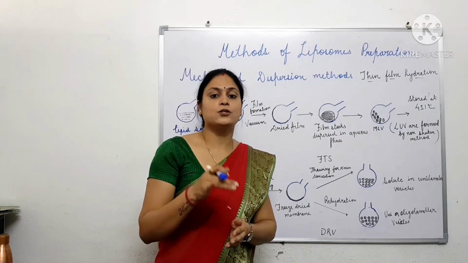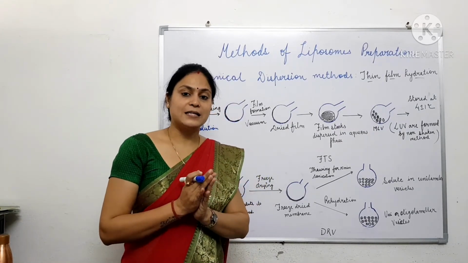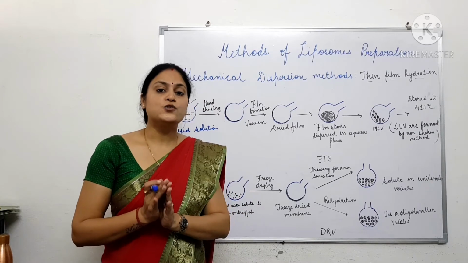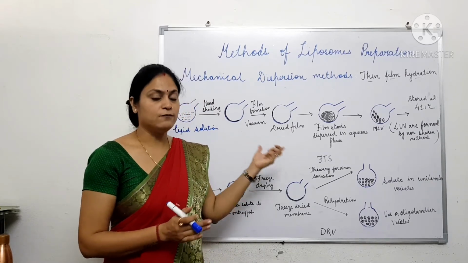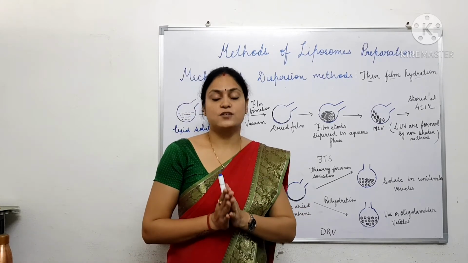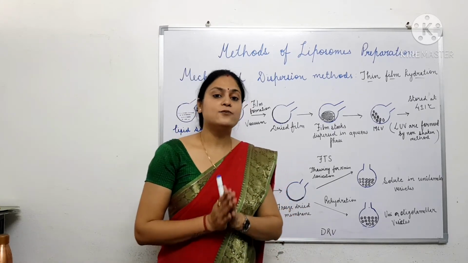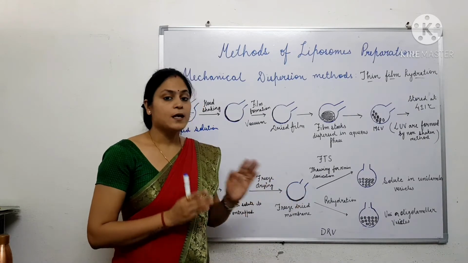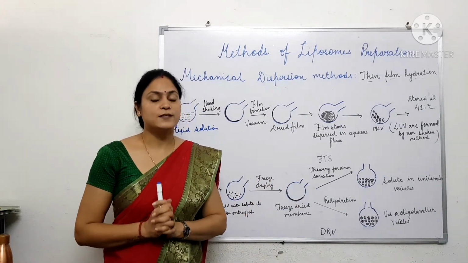Then the aqueous solution is added and it is left for swelling without shaking the round bottom flask. In that condition, when the non-shaken method is used, it results in the formation of large unilaminar vesicles.